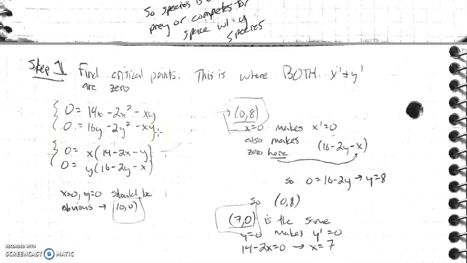Once I got this, I generally try to factor these things. They don't always factor. Sometimes you have to use other ways, brute force, to figure out when they're all 0. But for the most part, these predator-prey ones that we work with, you can do this factoring system that I'm doing here.